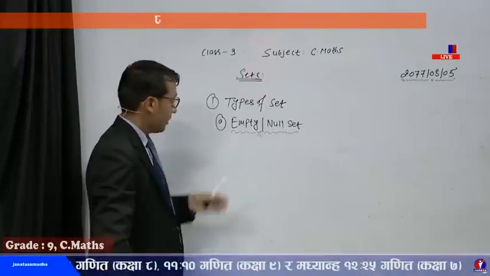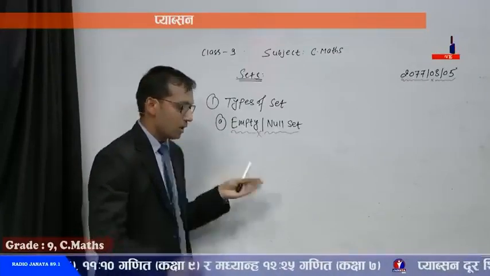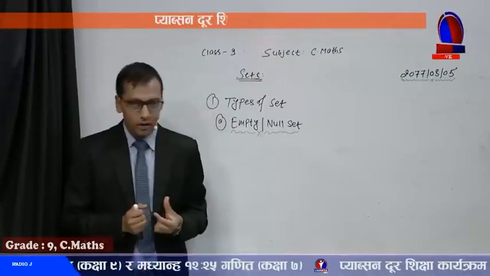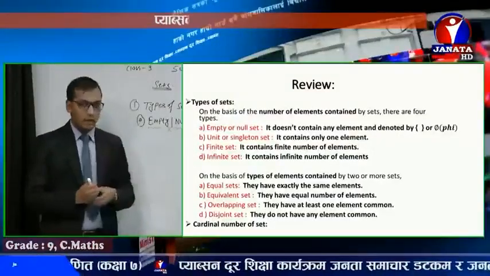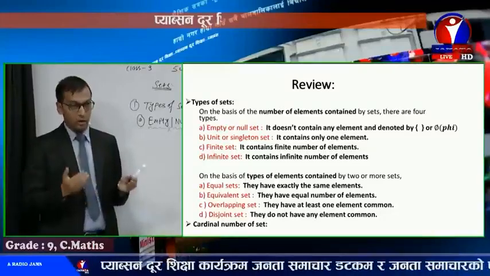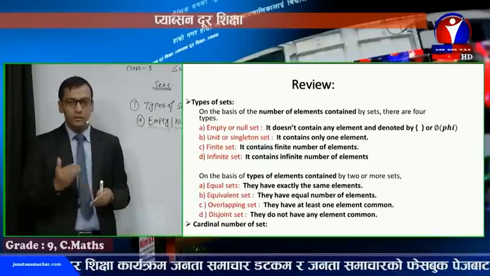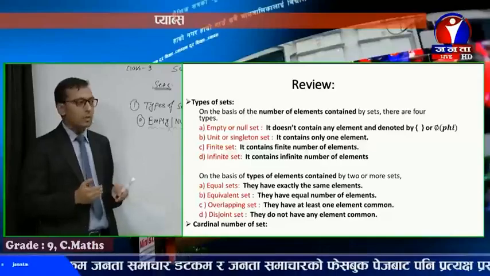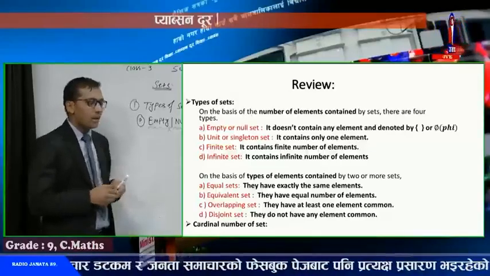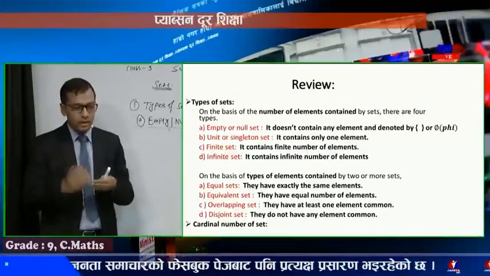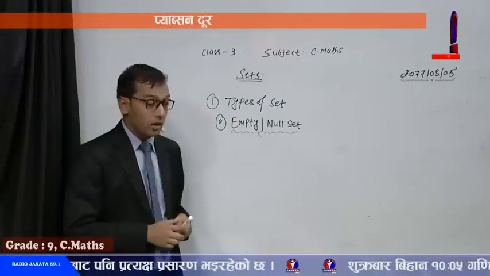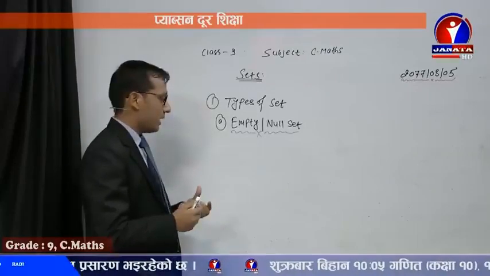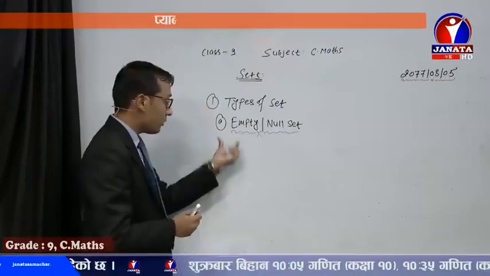What is an empty set or null set? Before I define this, let me tell you, we denote a set by a capital letter in general, and the elements of a set by small letters. We can take examples from numerical digits. We can also take examples from alphabets. So what is an empty set or null set?